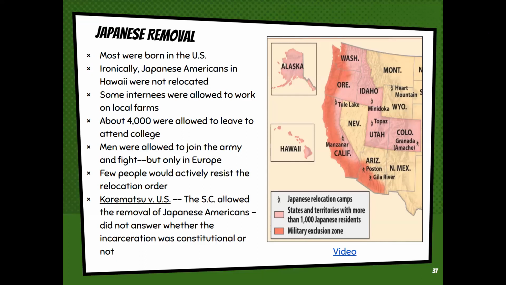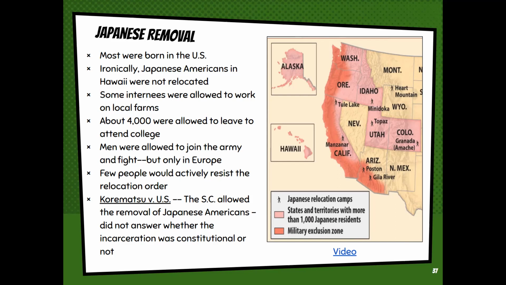Most of the people were actually born in the United States. Some of these 100,000 people were allowed to leave the internment camps to go to college.